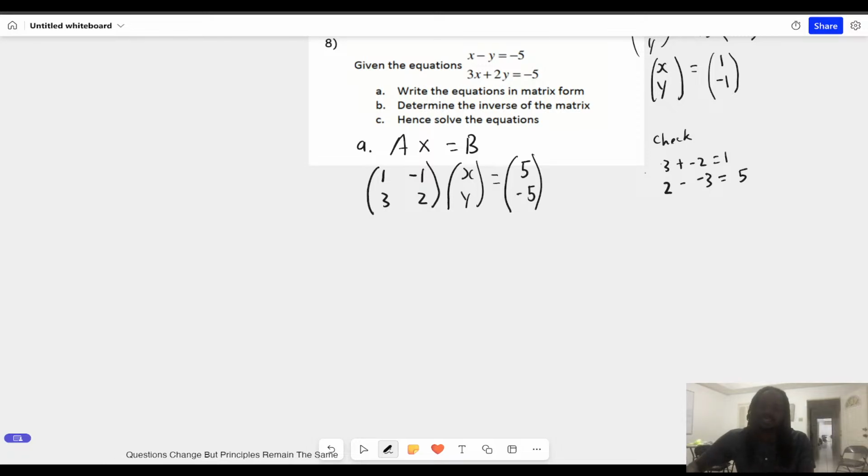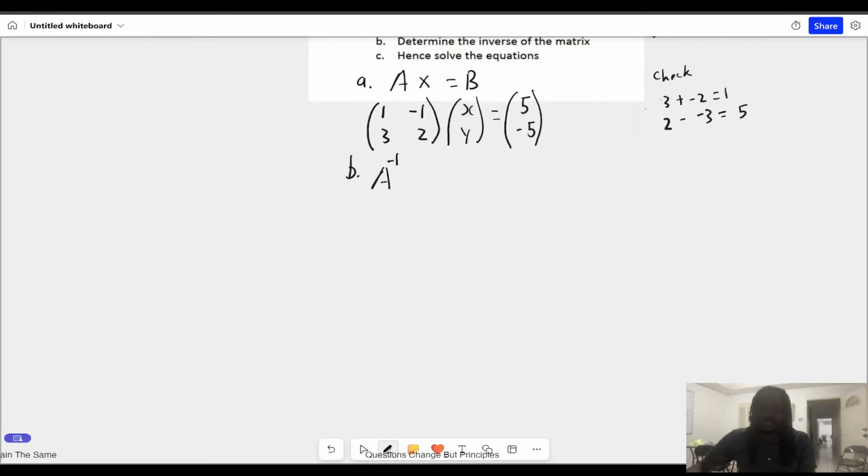That's the first thing. The second thing here, determine the inverse of the matrix. Even if they did not tell me that, we should know that we have to find that once we're trying to solve a simultaneous. So we have to find the inverse. The inverse is 1 over the determinant, and then you multiply that by the adjoint.